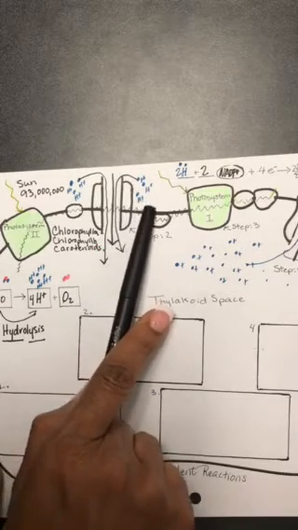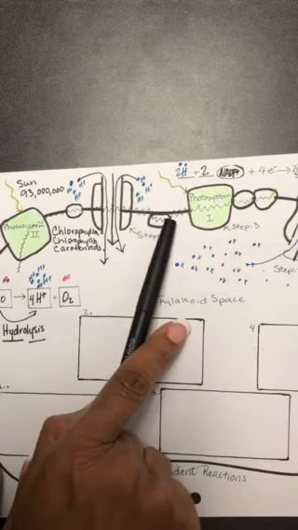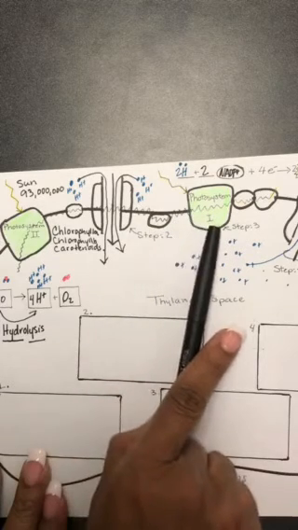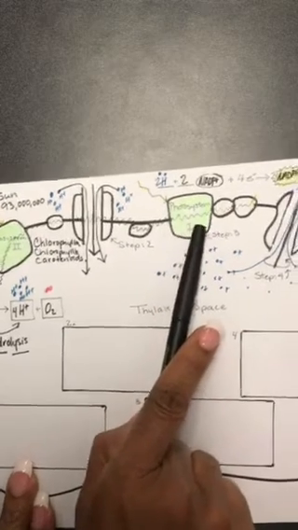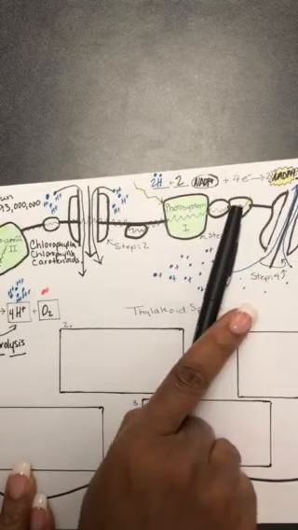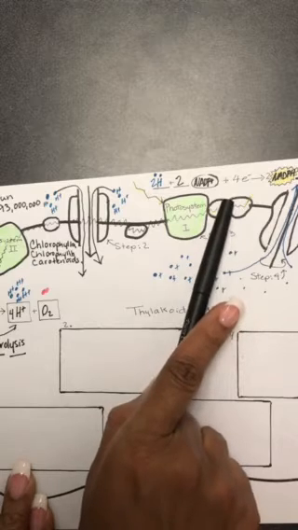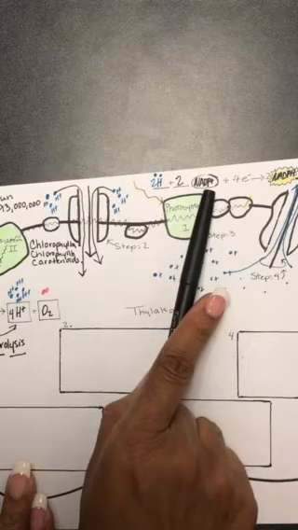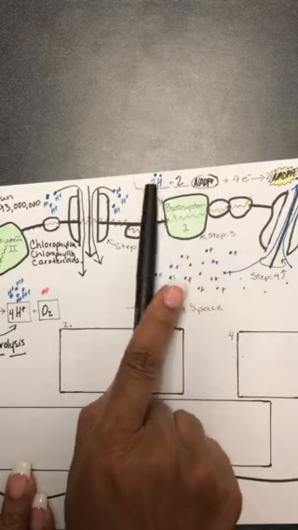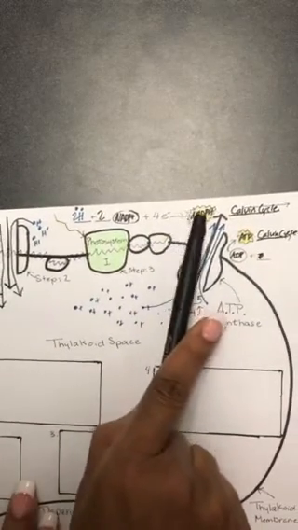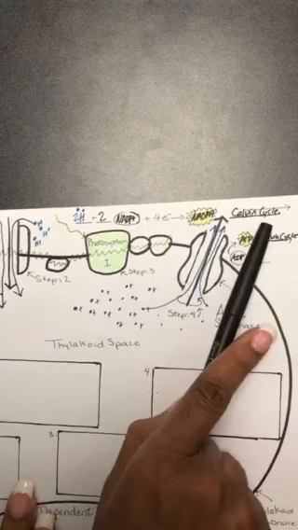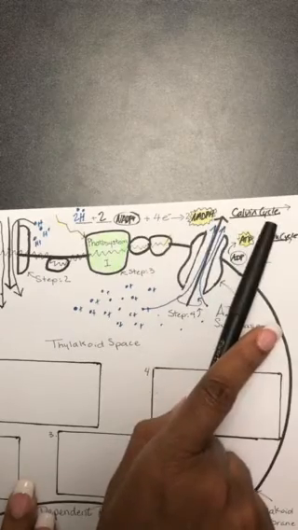So since it gave up energy, these electrons were kind of weak. And then once they hit photosystem 1, they get re-energized. And in that re-energized state, the electrons come out of the electron transport chain, causing NADP plus to be combined with protons to make NADPH. That NADPH is ready to move into the Calvin cycle to make high energy sugars.